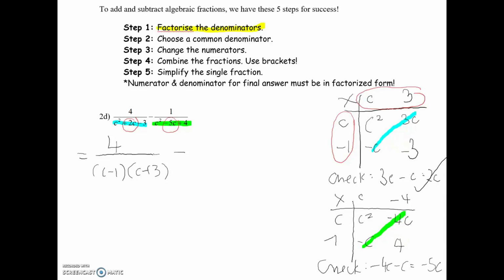Hence, we have factorized this correctly. So therefore, for the second fraction, we have 1 over the denominator in factorized form, which is c minus 1 multiplied by c minus 4.